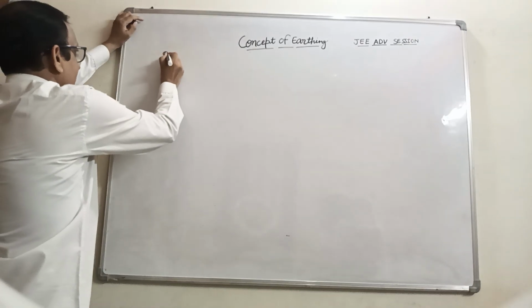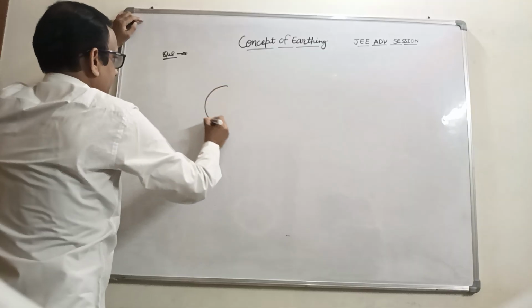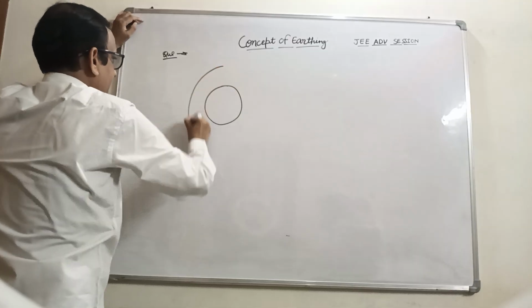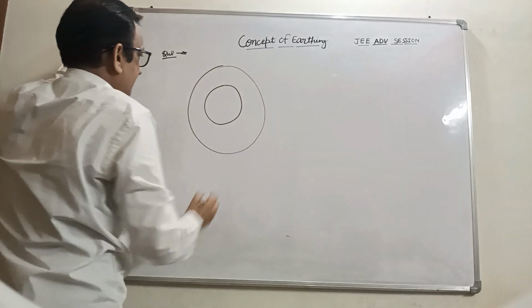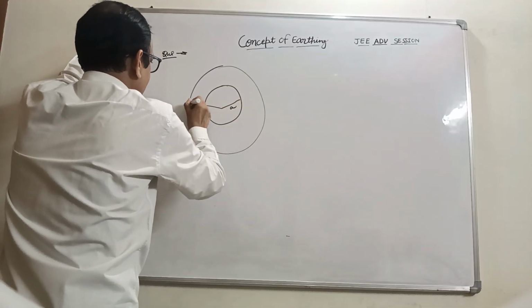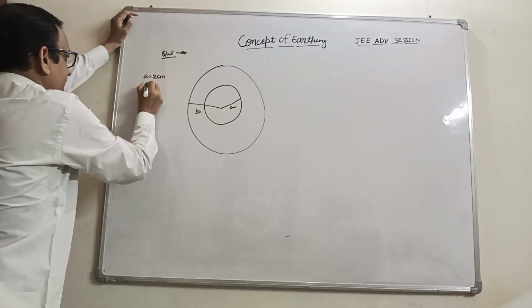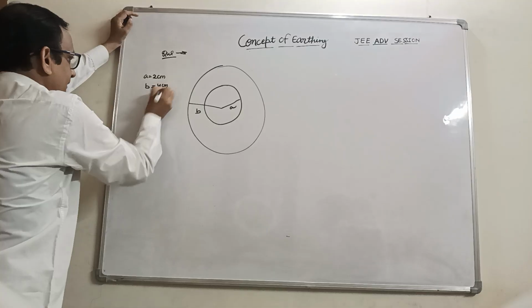This is the question. This is the inner radius and this is the outer radius. This is B. A is equal to 2 centimeter and B is equal to 4 centimeter.